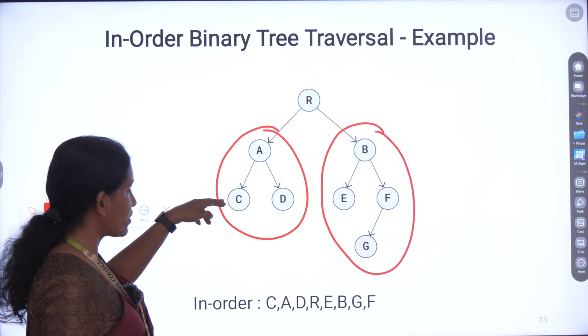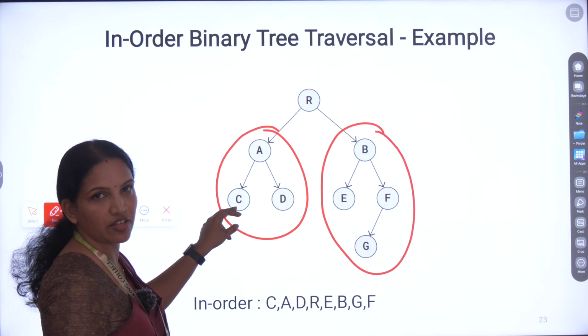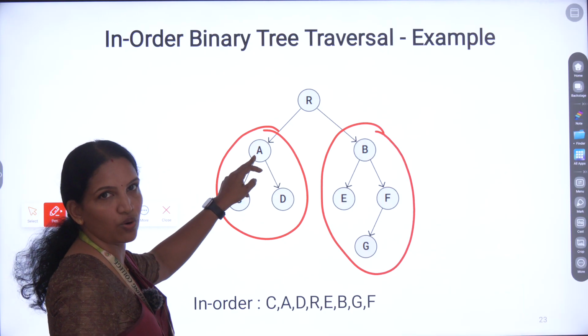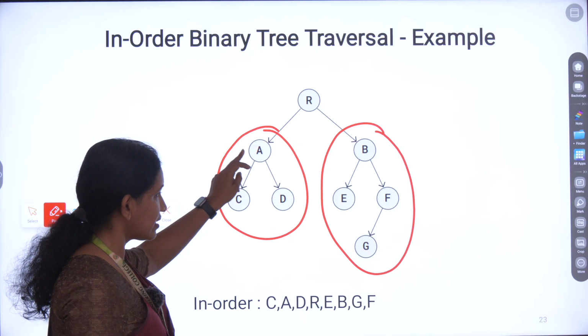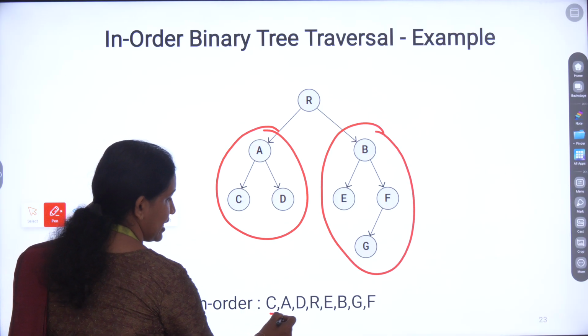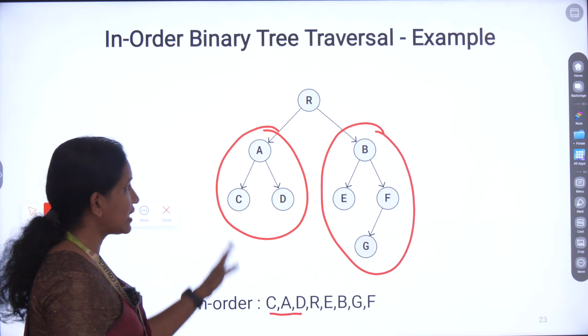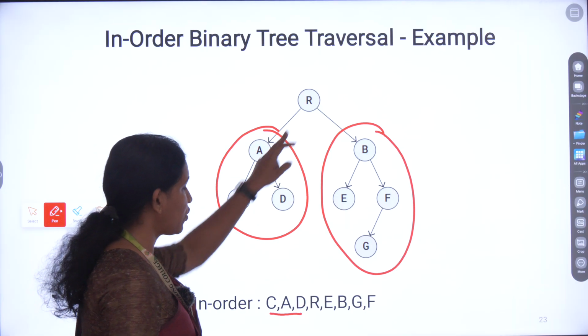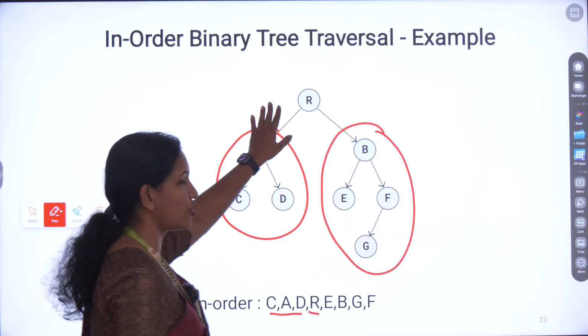So here the left node is C. So the traversal first starts with C, then its root node A, then its right child D. That is CAD. That completes the in-order traversal of the left subtree. Now we will move on to R, that is the root of the tree.